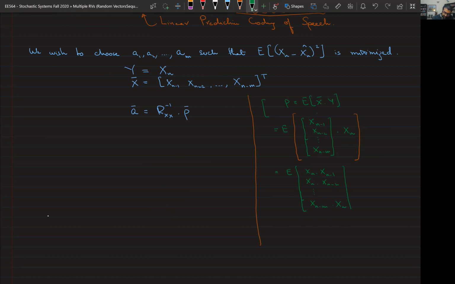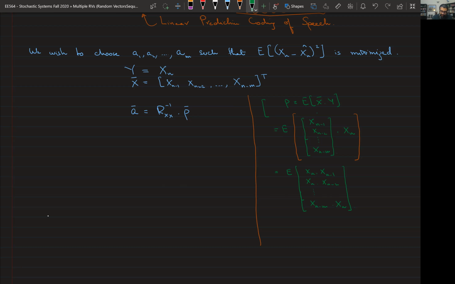Now, xn is a scalar. Yes, that's correct, so that's why it can go inside the vector. It can multiply each and every element of the vector.